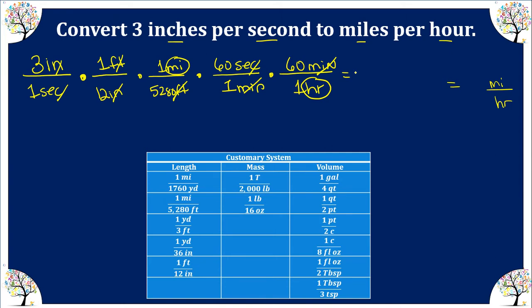So I have 3 times 60 times 60 gives us 10,800, divided by 12 times 5,280. So it looks like 63,360, and now we're going to divide that out.